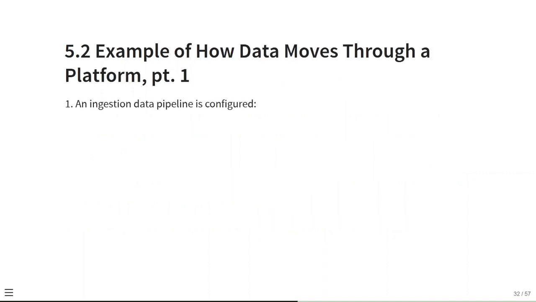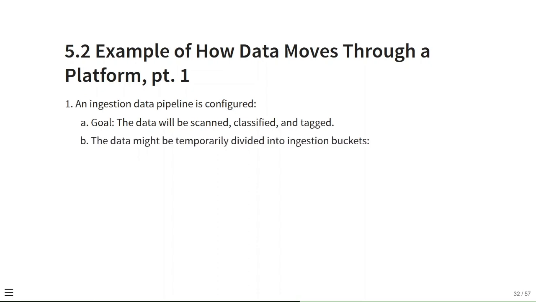Part 1. An ingestion data pipeline is configured, where the goal is for the data to be scanned, classified, and tagged. The data might be temporarily divided into ingestion buckets.